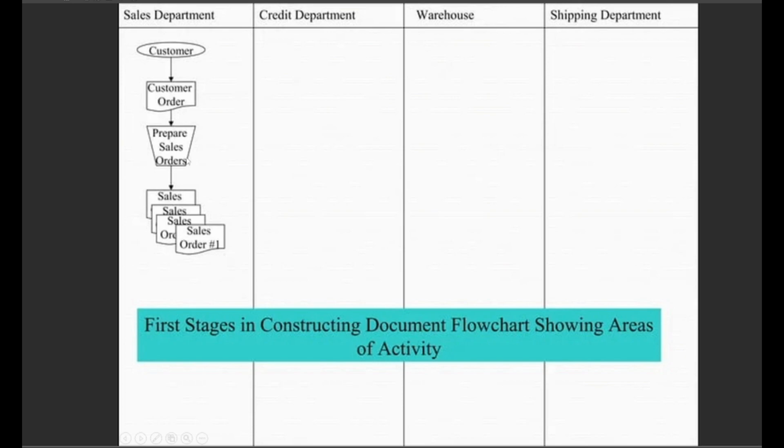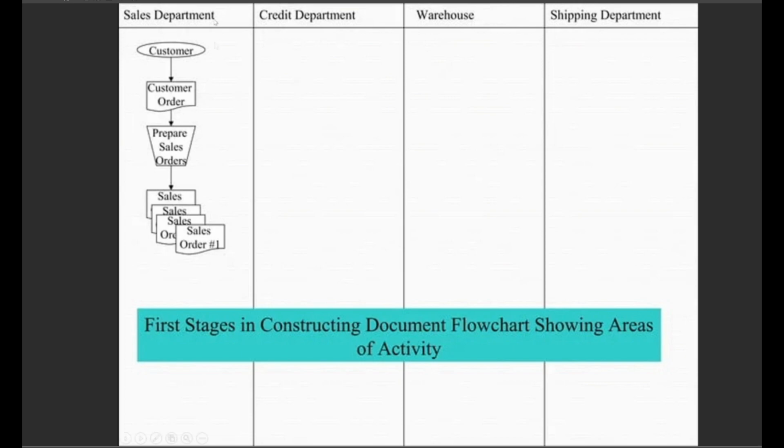Okay, and after writing down that order or preparing that sales order, they will have the output sales order number one, just like how we do this in a usage of an accounting information system. The sales department talks to the customer, who will give a draft, or sometimes a quotation.